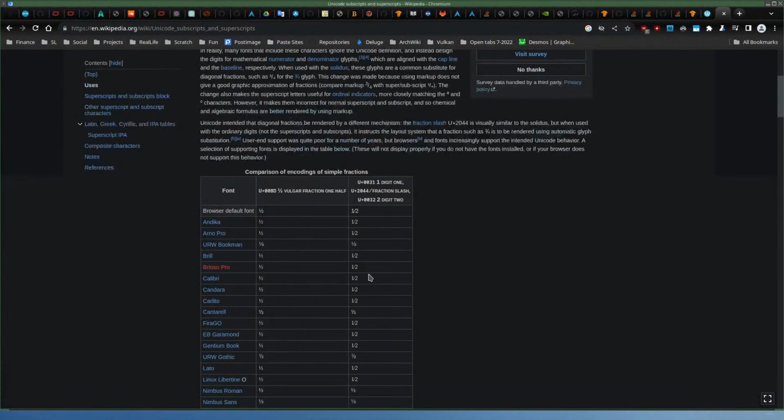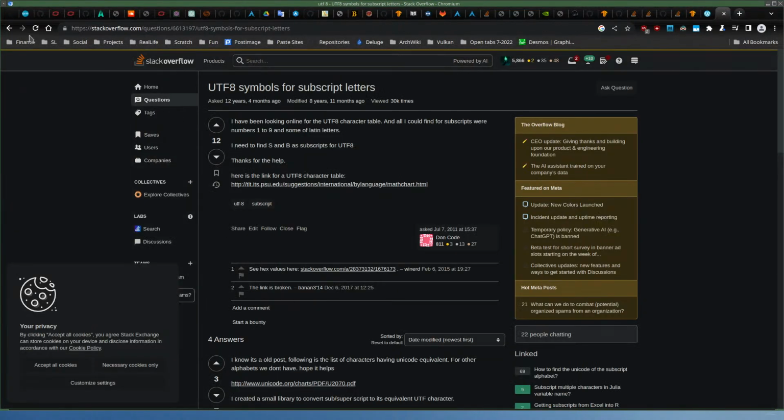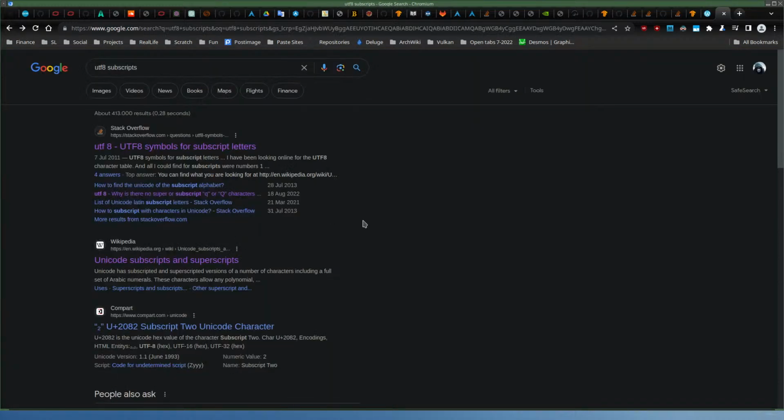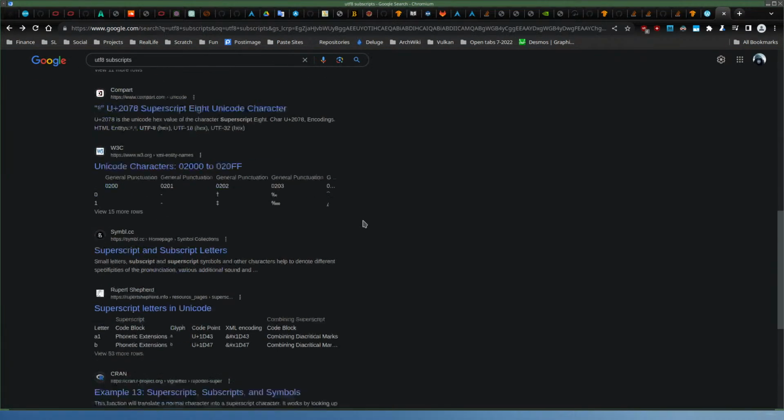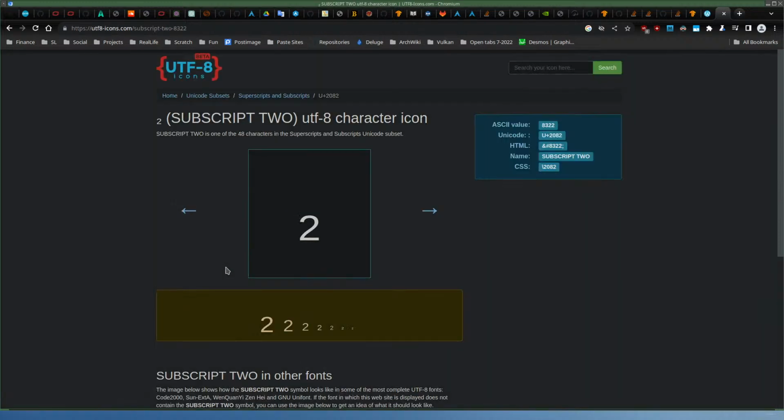Nope. Damn it. Subscripts also not. I had a bloody page open. So they don't have the alphabet, but if you wanted to, then there's a lot of them.